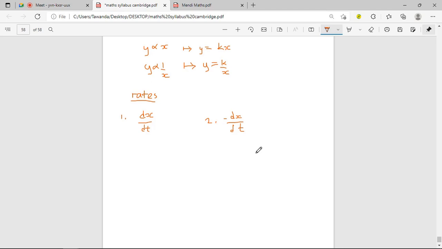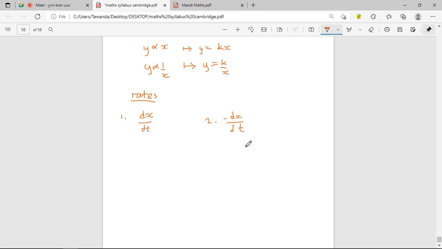So when we are going to formulate differential equations, sometimes you are not going to see the word decrease directly, but we have keywords that represent decrease. For example, if we are looking at a population, with the death rate, what will be happening to the population? The population will be decreasing, right?